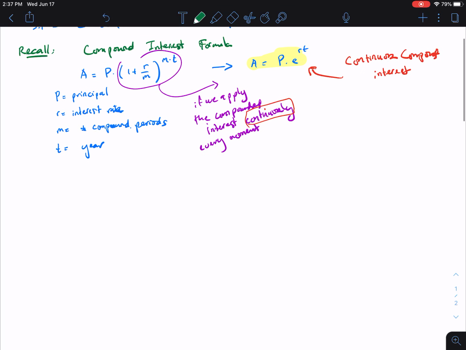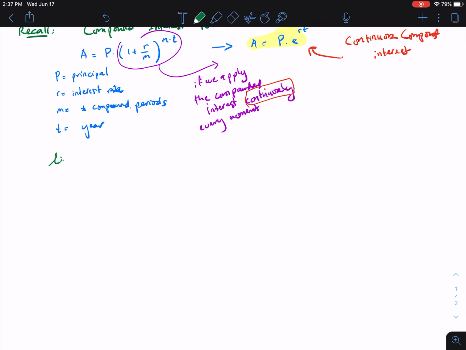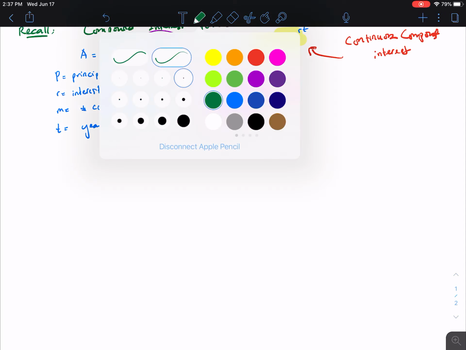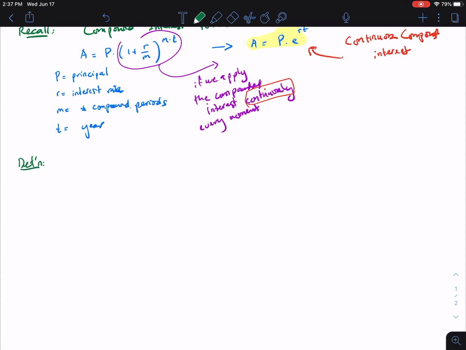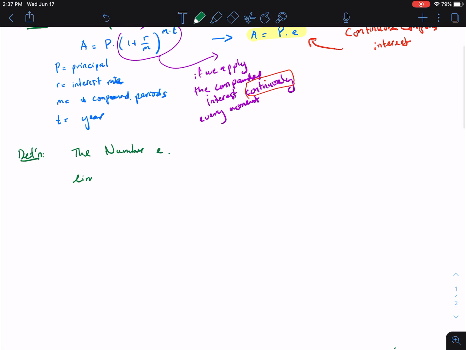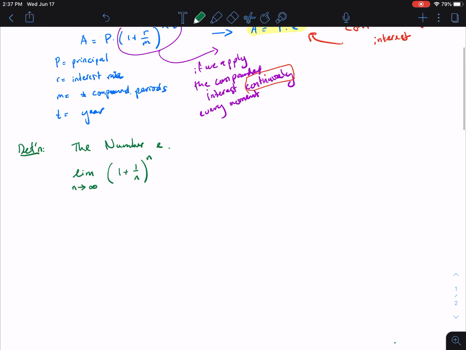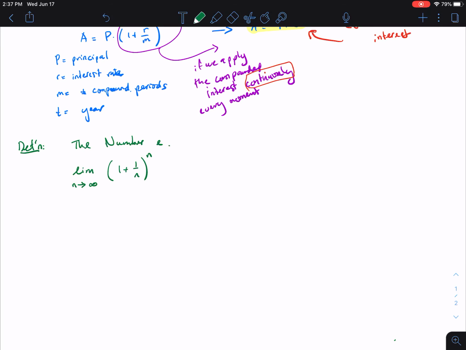Okay. So the definition of the number e: if we take the limit as n goes to infinity of this expression here, 1 plus 1 over n to the power of n, this expression approaches the number e, which is around 2.71828182.